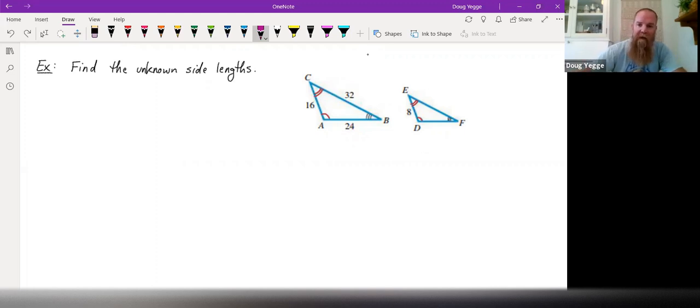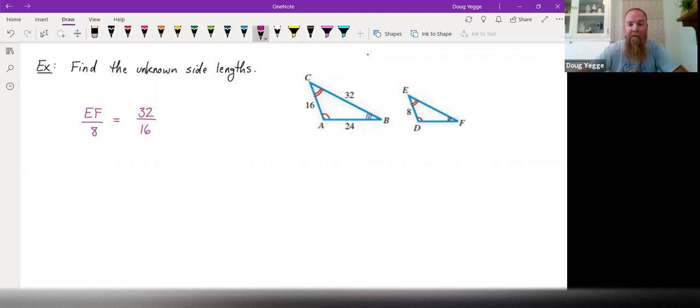Okay, so we can set up any proportion we'd like, but let's say that we want to find out what side length EF is going to be. Well, we could set up a ratio of EF is to 8, as in the left triangle, 32 is to 16. Now there's a couple of ways to do this.